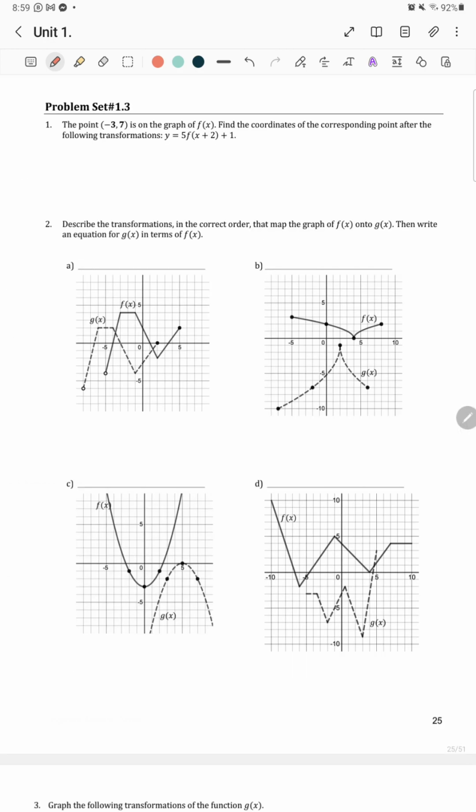Okay, the point -3, 7 is on the graph of f of x. Find the coordinates of the corresponding point after the following transformations. We have already learned how to do the transformations. The x value of the point is -3. So what transformations is it undergoing?